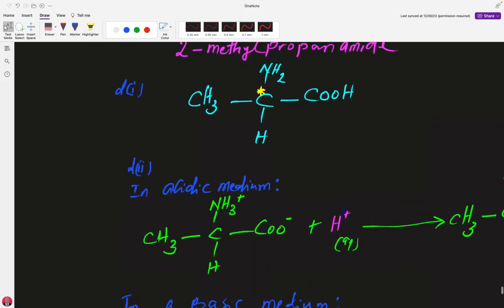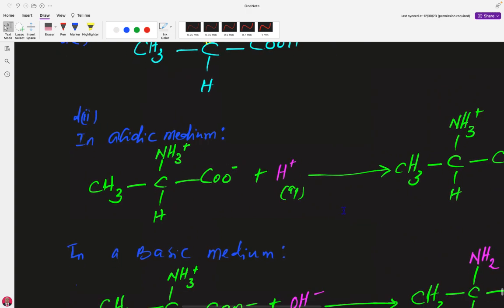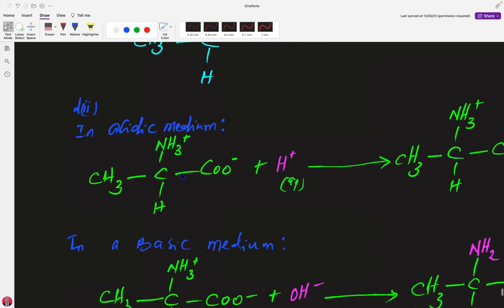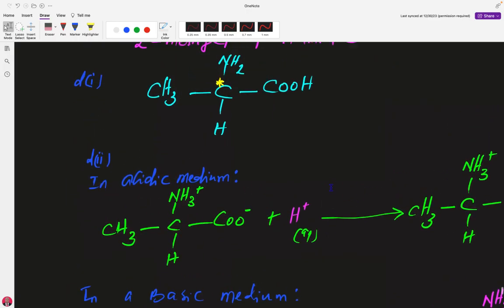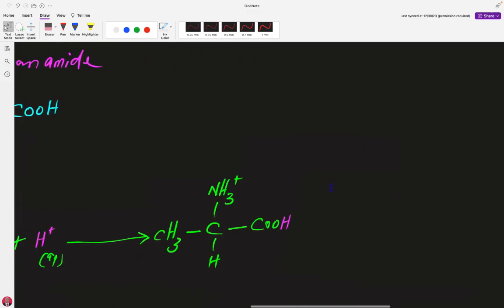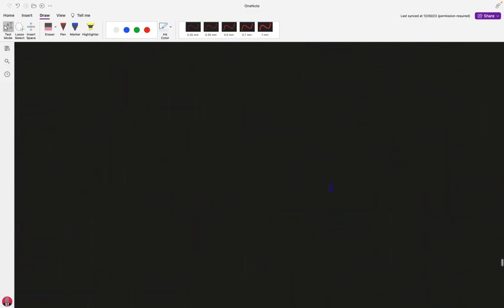In acidic medium, this is the structure. How is the structure like this? What is happening here is this. There's something I want you to understand better.